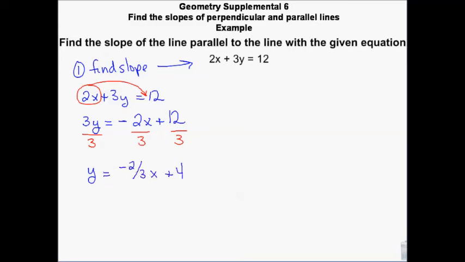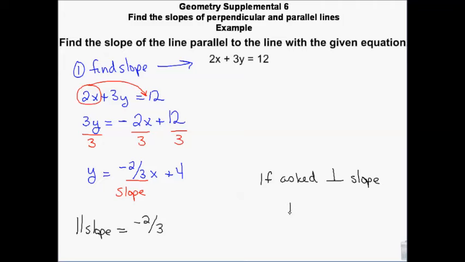Okay, here's my slope. My parallel slope will also equal negative 2/3. If I was asked for the perpendicular slope, it would be positive 3/2.